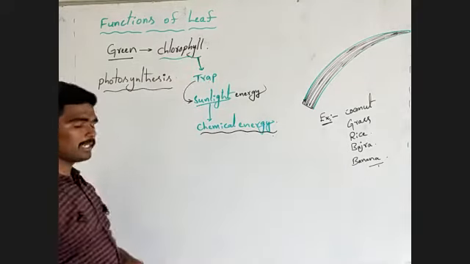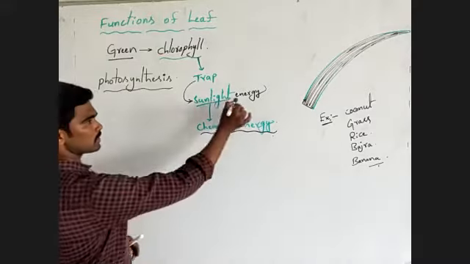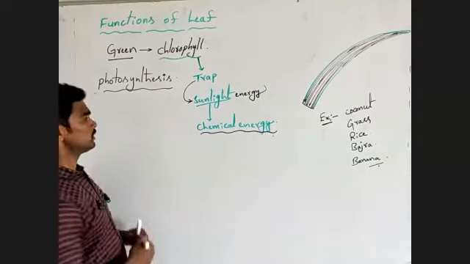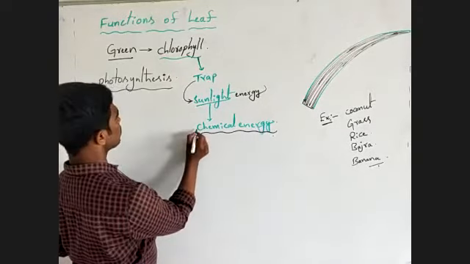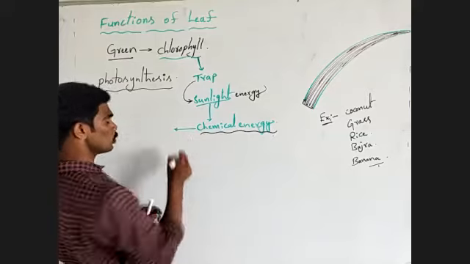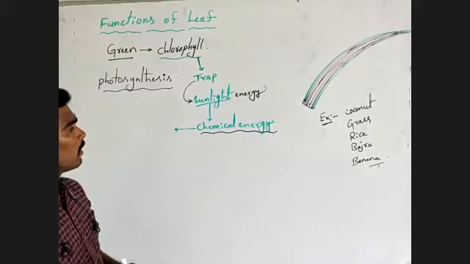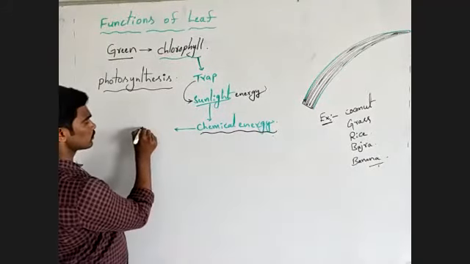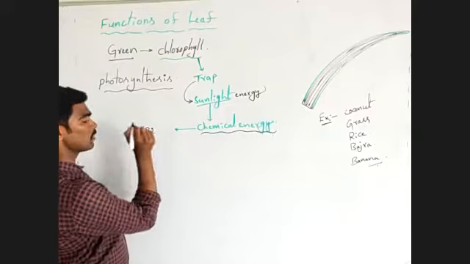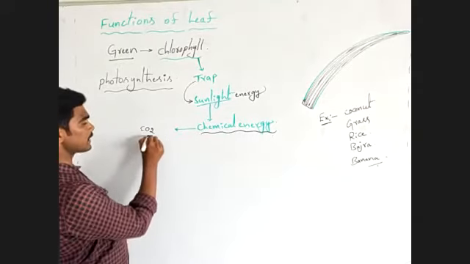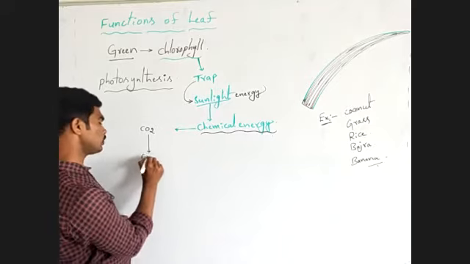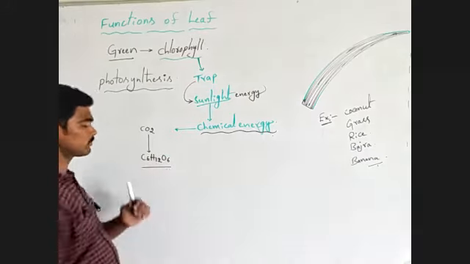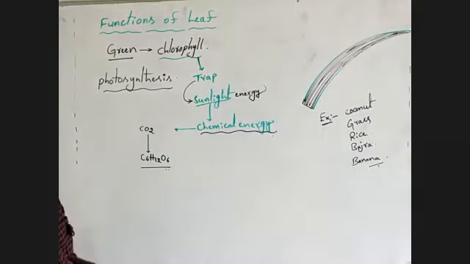When chlorophyll pigment converts the solar energy into chemical energy, this converted chemical energy is utilized by plants to condense the carbon dioxide molecule into the glucose. Are you understanding?